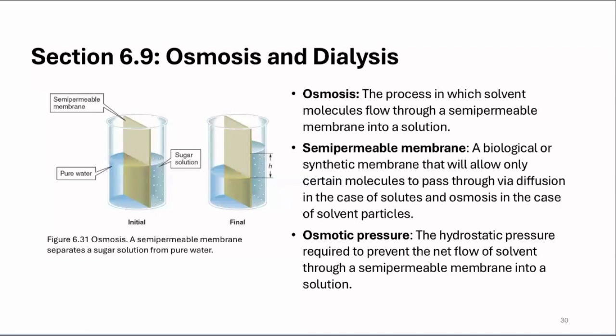Osmosis is the process in which solvent molecules flow through a semi-permeable membrane into a solution. This semi-permeable membrane is a biological or synthetic membrane that will allow only certain molecules to pass through via diffusion.